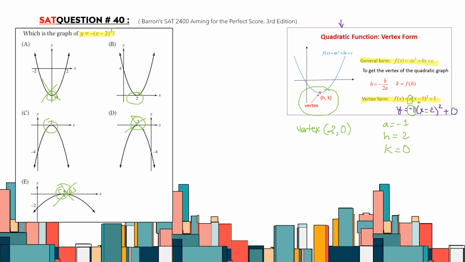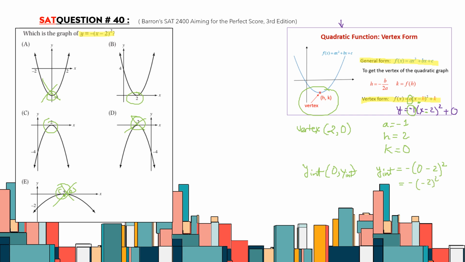Now what else do we have to check? We have to check the y-intercept. The y-intercept is when x equals 0. Then we have the y-intercept value. So we plug in: y equals negative (0 minus 2) squared. So 0 minus 2 is negative 2.